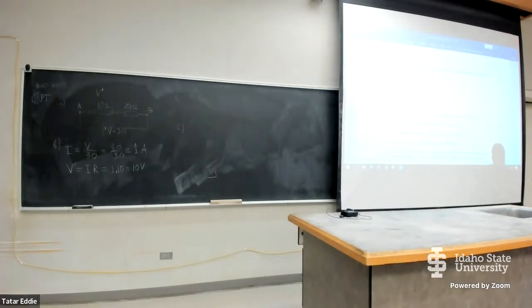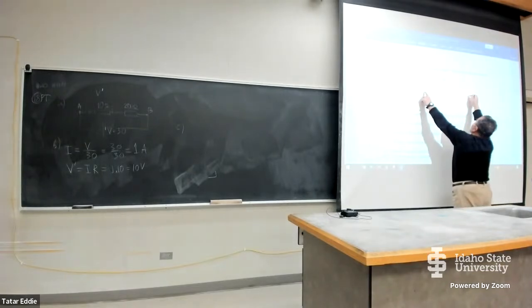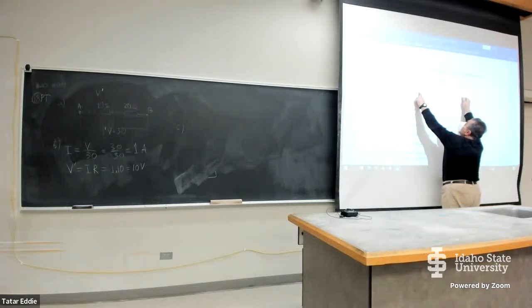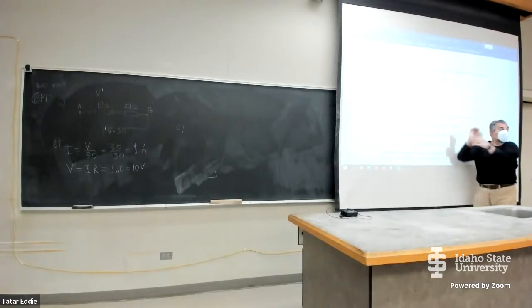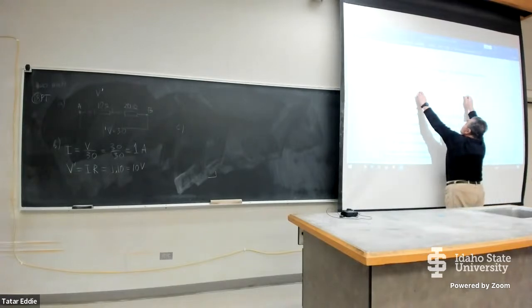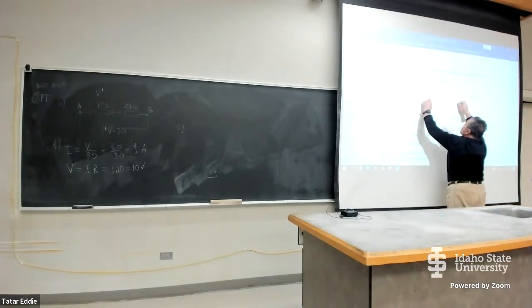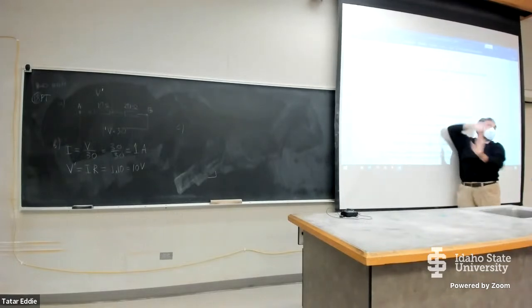But wouldn't that be the potential drops of 60 and 30 combined? Yes, but it is the same because the potential here is the same as the potential here, because those points are connected with wires, and the wires transmit the potential with no change. So this is the same thing as this and this and this.